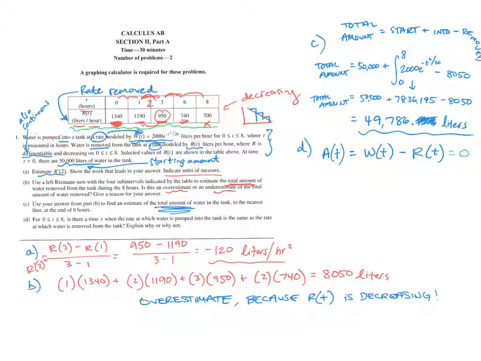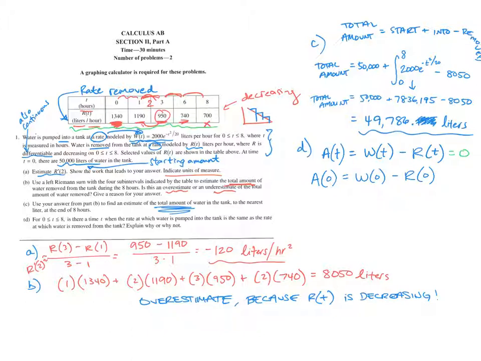What I'm going to do is see if there's a place where W(t) minus R(t) equals 0, where the rate going in and the rate coming out are the same, so there's no water coming or going. To do that, I'm going to analyze what's going on with my Amber function at 0. So let's look at W(0) minus R(0). What is the rate at which water's going in at 0 hours?